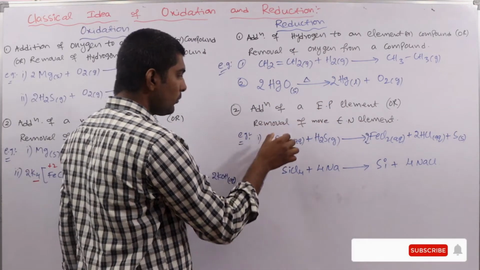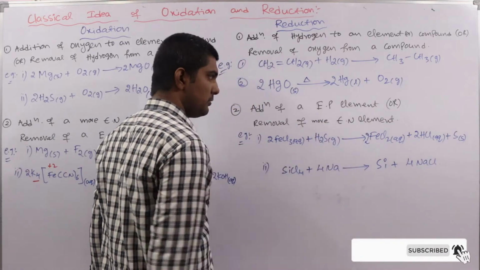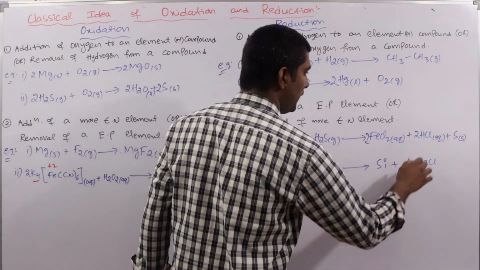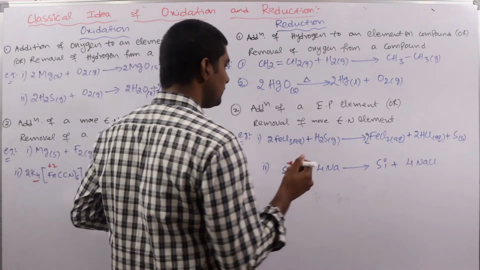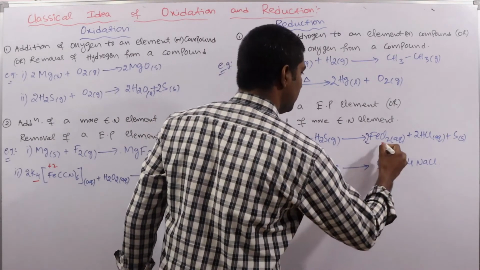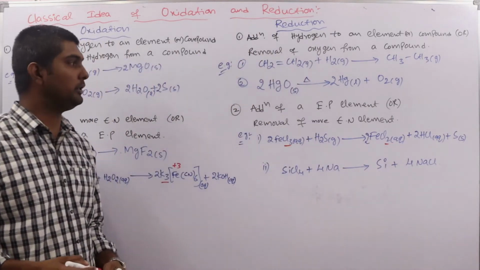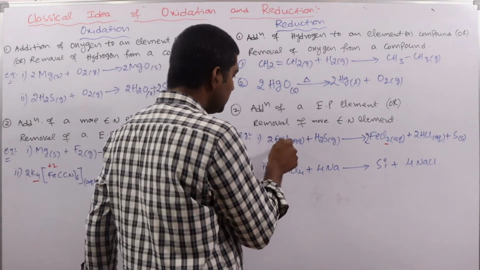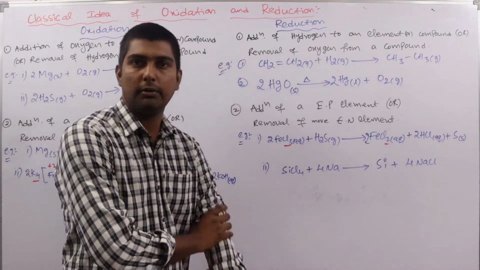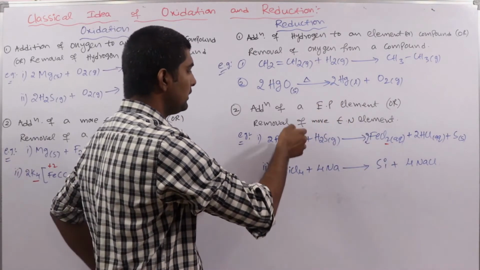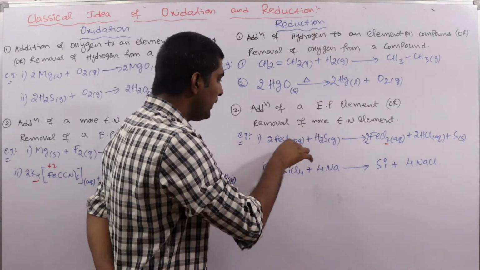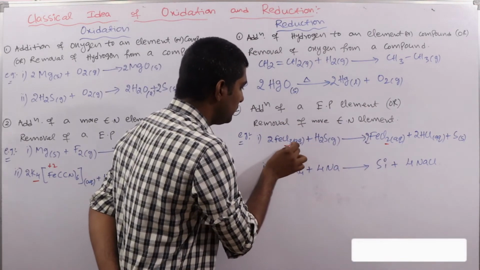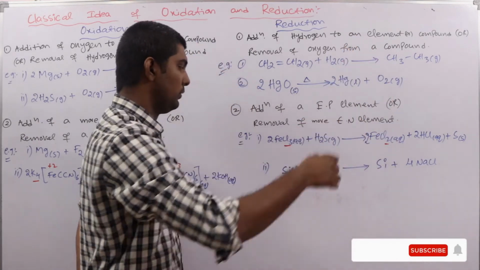See here, ferric chloride plus H2S, we get ferrous chloride plus HCl plus sulfur. Here we have 3 chlorines, but here we have only 2 chlorines, meaning we have removed one. This chlorine is more electronegative than iron, so that's why this is considered as reduction. Removal of an electronegative element: 3 chlorines, here only 2 chlorines.